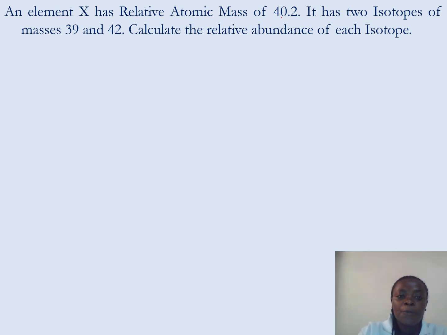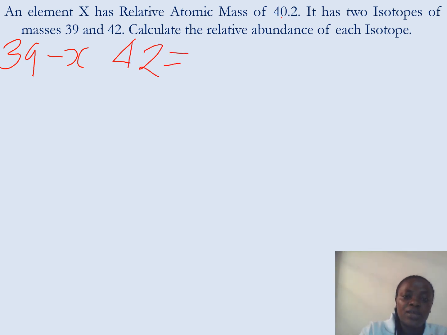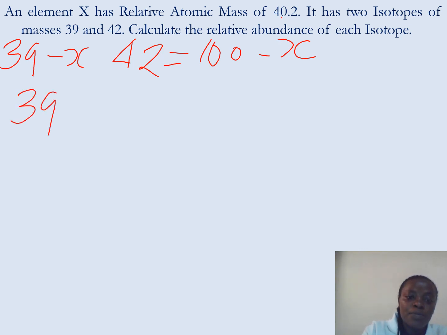We don't know the percentage abundance, so we can let that of 39 be X, and that with mass number 42 be 100 minus X. So we are going to take the mass number of the first isotope, that is 39, multiplied by its percentage or its relative abundance, which is X percent.